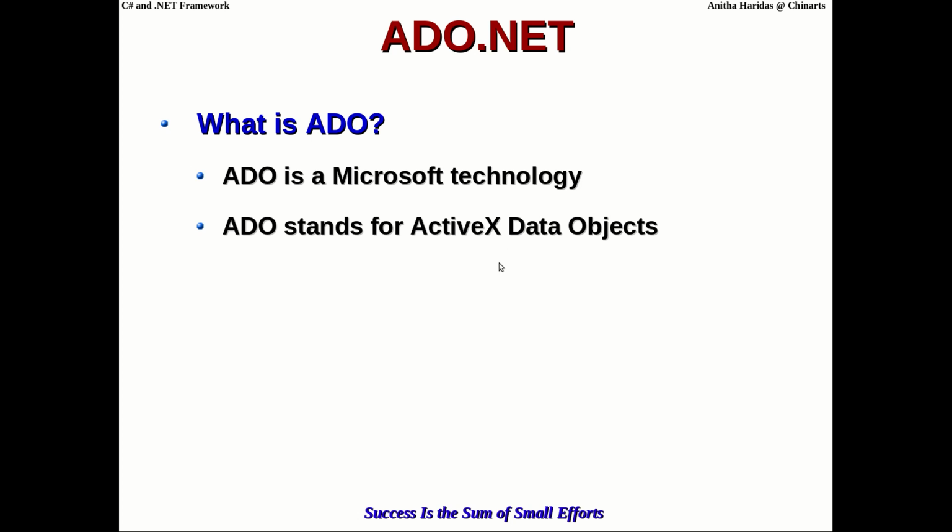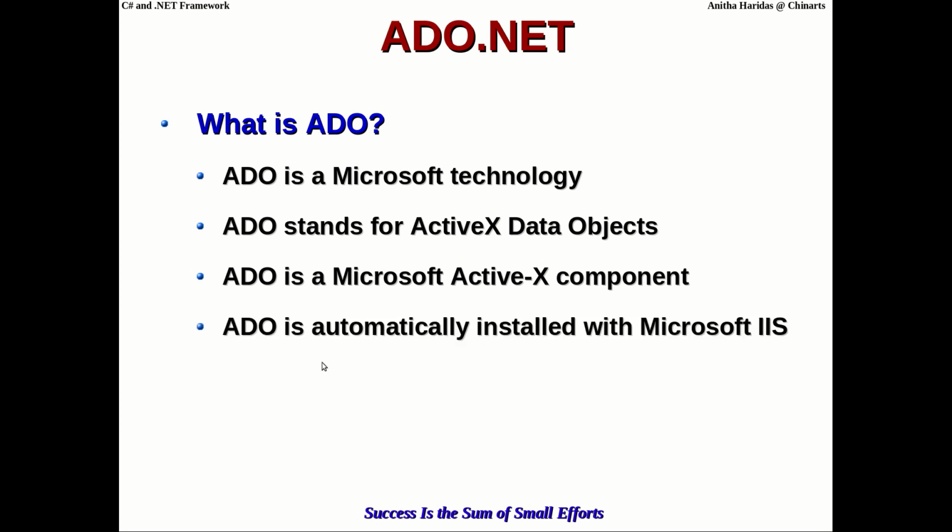You are going to use this ActiveX Data Object, which is a predefined or built-in object that is already available in your .NET framework. You can also call it an ActiveX component, and it will generally be installed automatically with the Microsoft Internet Information Service also.